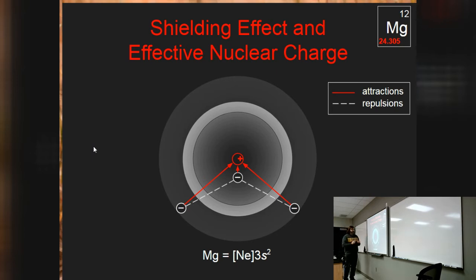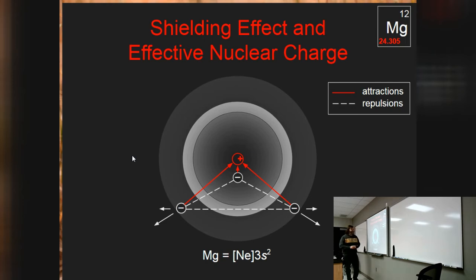But all the electrons also repel away from each other. So the core electrons are pushing away those valence electrons. The electrons are all still attracted to the nucleus, but they're also repelling each other at the same time. The valence electrons are also repelling each other. So again, it's a balance between the attractions and the repulsions when we're talking about the size.